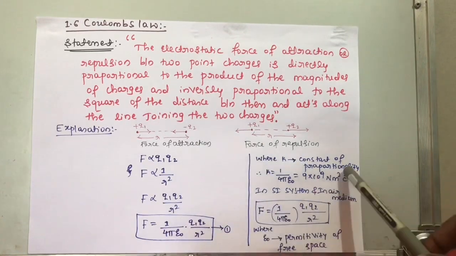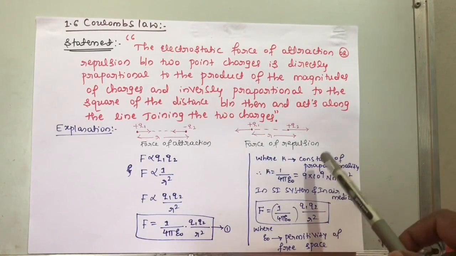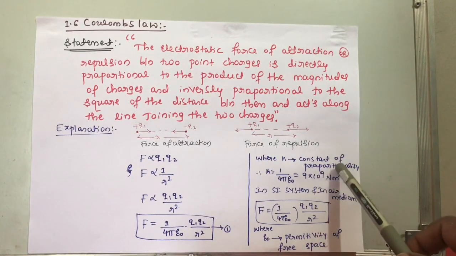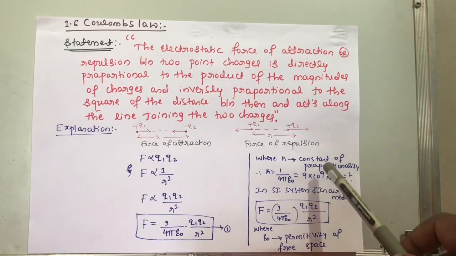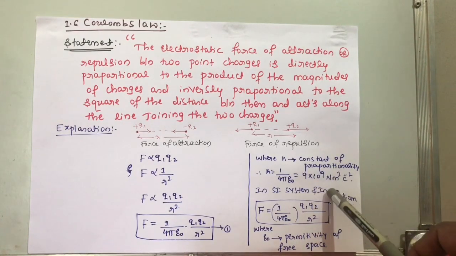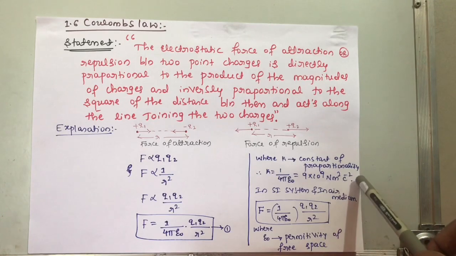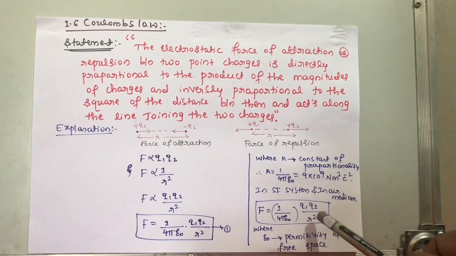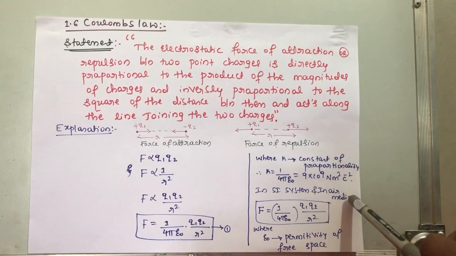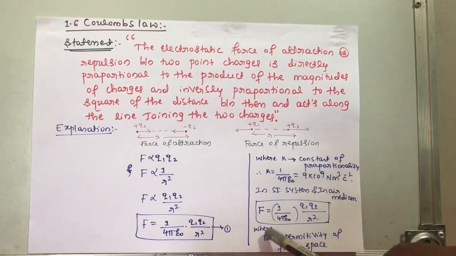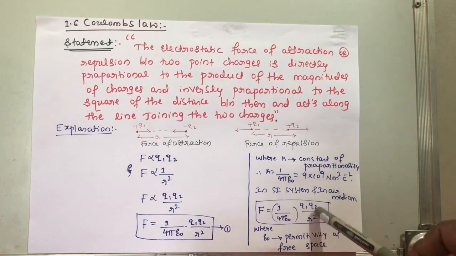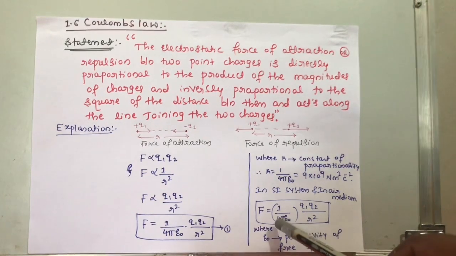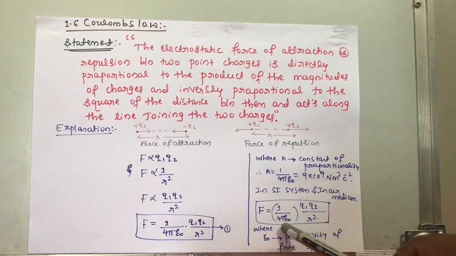The value of this constant of proportionality is 9 into 10 to the power of 9 newton meter square per coulomb square. If you write this equation in the SI system, in air medium, it depends on the medium: F is equal to 1 by 4 pi epsilon naught, q1 q2 divided by r square. Here 4 pi is a constant, with pi as 22 by 7.